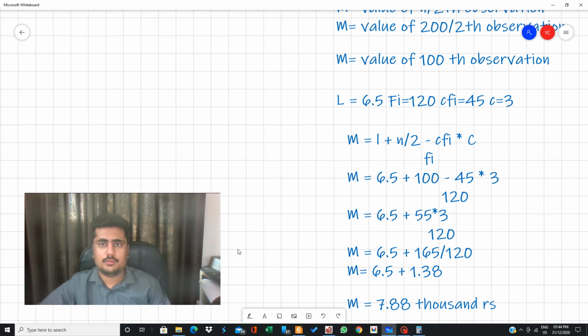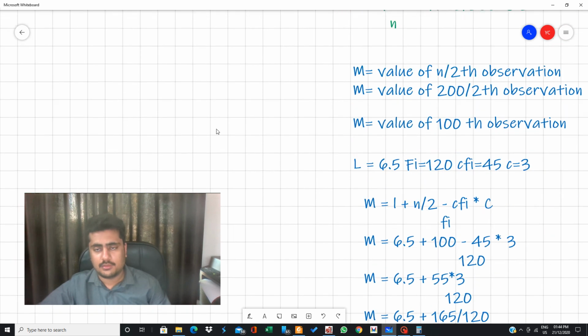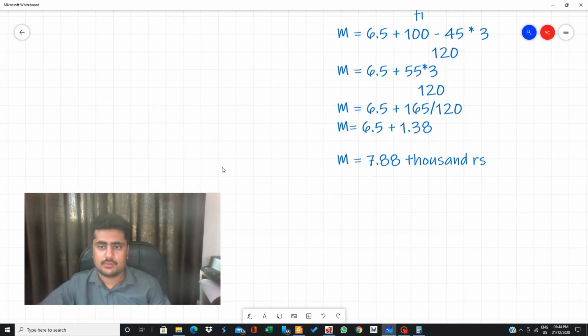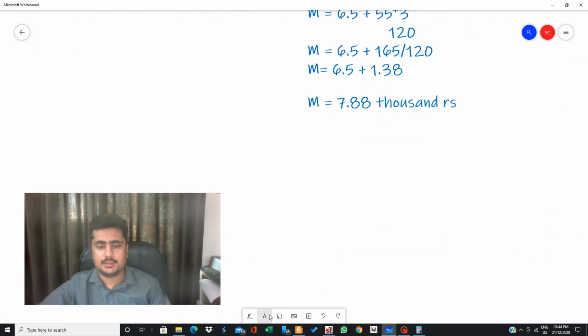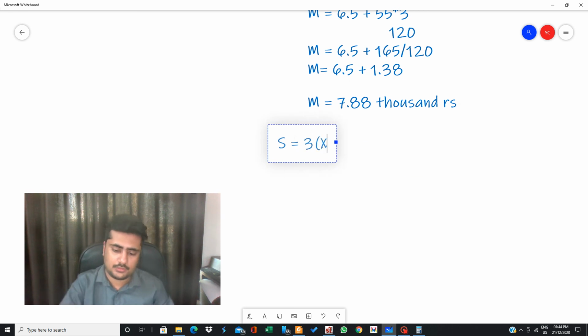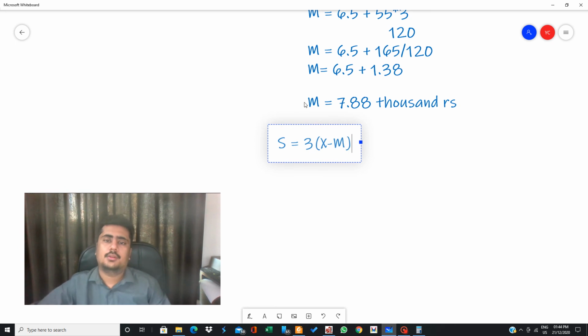So what did I get? I got the mean, I got the median. With the help of this, I can get the skewness. Skewness is equal to 3 into mean minus median.